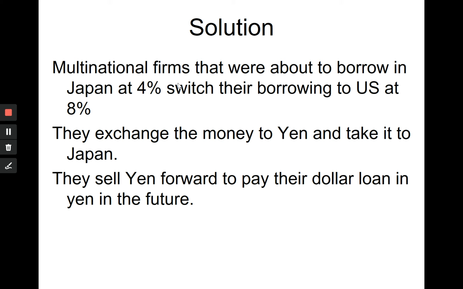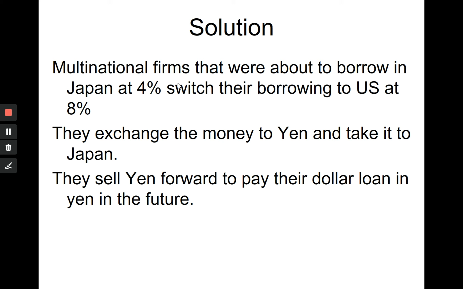Not borrowing in Japan would make more funds available to Japanese borrowers because the demand of this one company dies down. And as they switch their borrowing to US, they borrow more in US. The demand for borrowing in US at this cheap rate of 8% in violation of interest parity would increase.